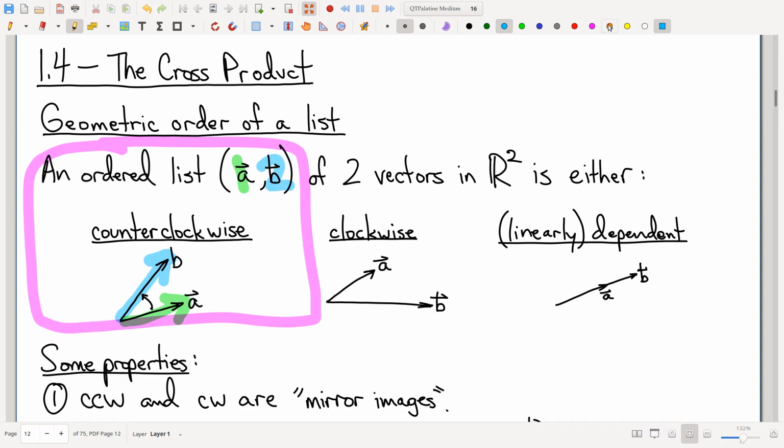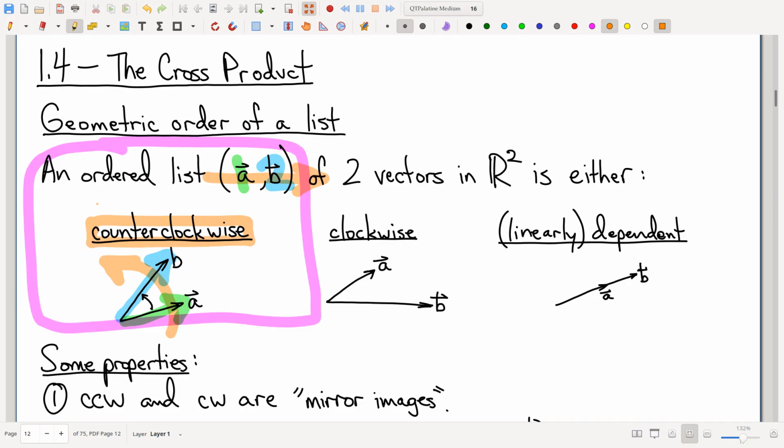If you think about it, in that order, A being first, B being second, green to blue, as I have it sort of color-coded here, is unavoidably counterclockwise.